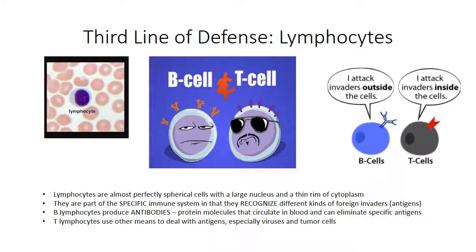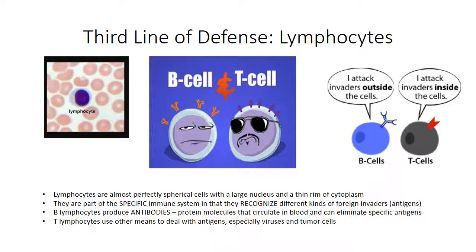So T lymphocytes deal with antigens, also specific antigens, because you see this red stuff also has something in it which can be different and accommodate different antigens. But using some other means, not producing antibodies. But T lymphocytes are as specific, as important, as deadly to foreign invaders as B lymphocytes.